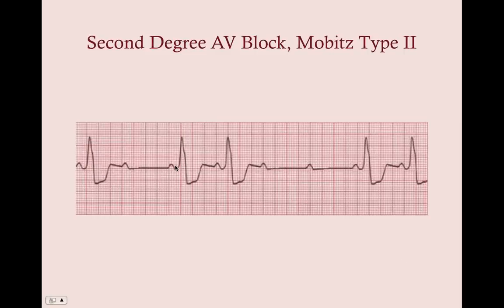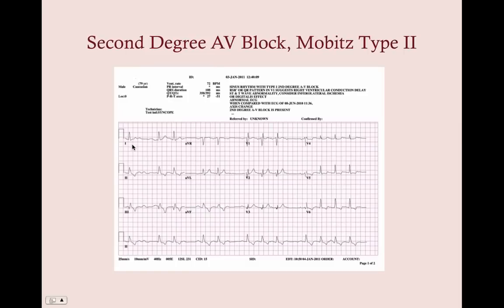So, P wave, normal PR interval, P wave, normal PR interval, P wave, dropped QRS complex. P wave, dropped QRS complex. P wave, normal QRS complex. Okay? Here's another one.